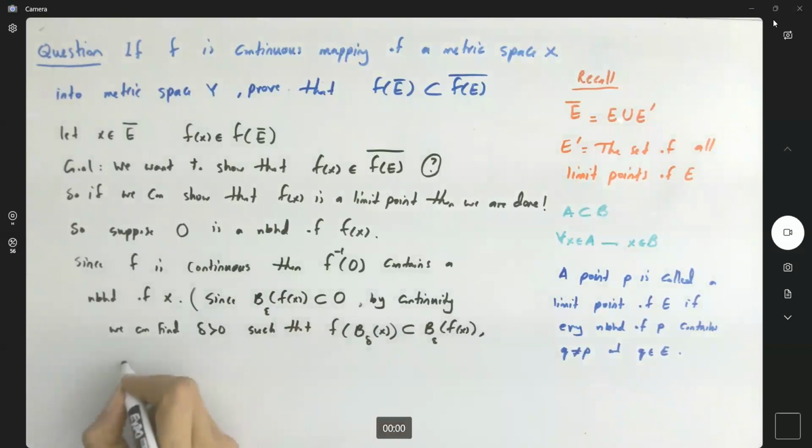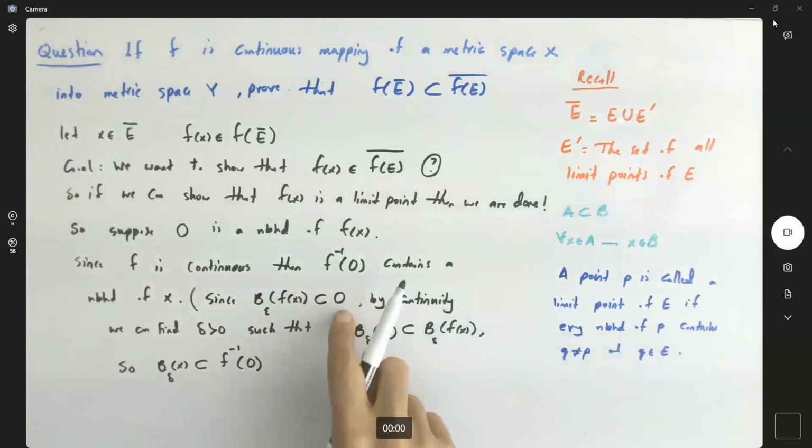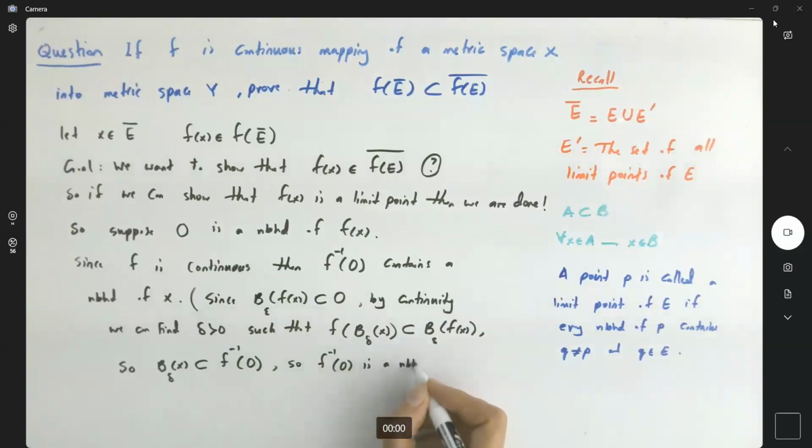Therefore, the neighborhood including x is going to be contained in the inverse image of O. This guy is included in open set O. So the inverse image of O is a neighborhood of x. Very good. Let us continue.